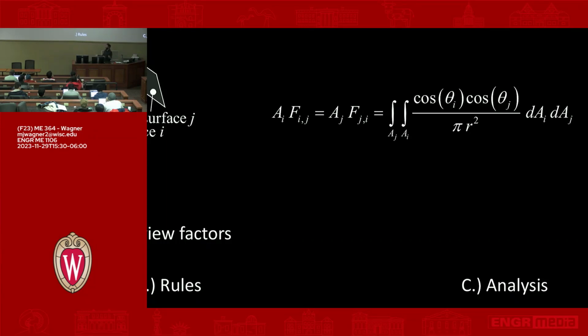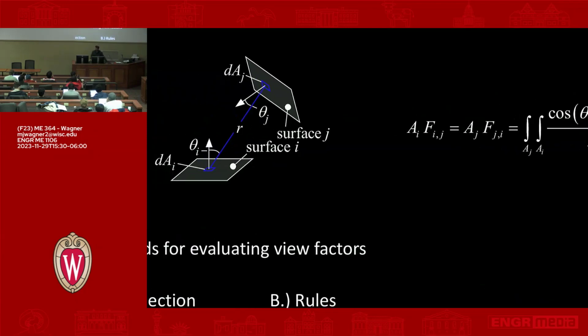You can stare at this and convince yourself that it makes sense, but you're going piece by piece over the surface, looking at all the possible combinations of angles, multiplying the cosines together, and then you get back this view factor. So this is the formal definition.